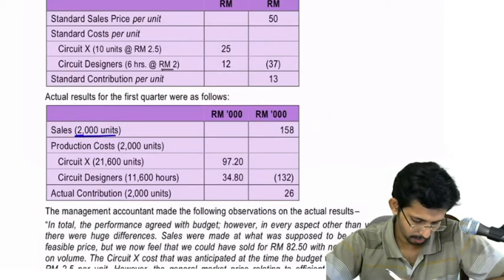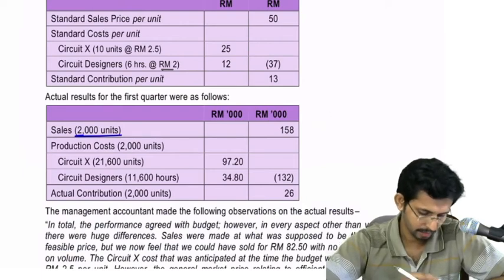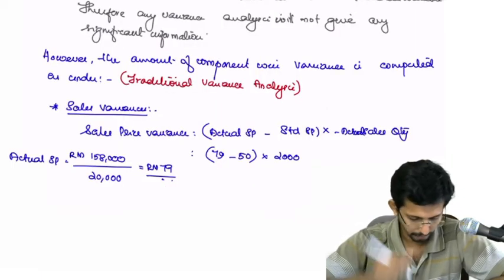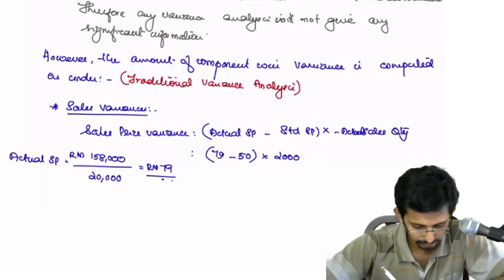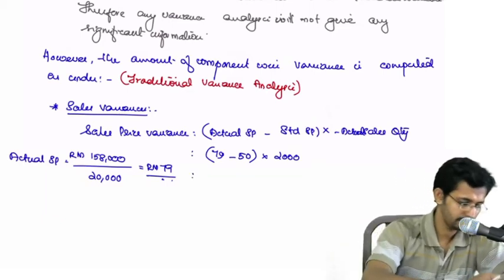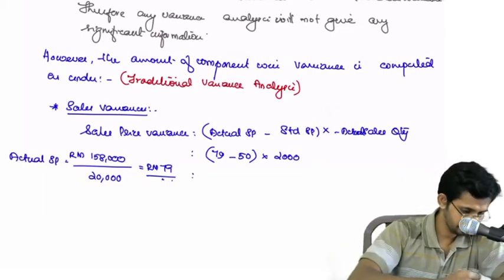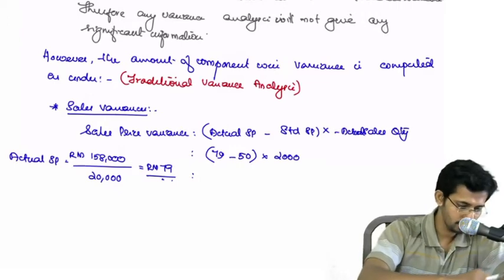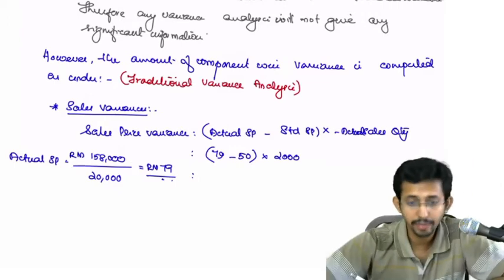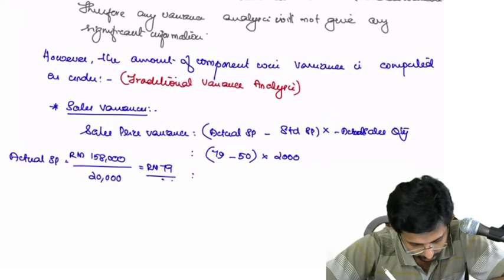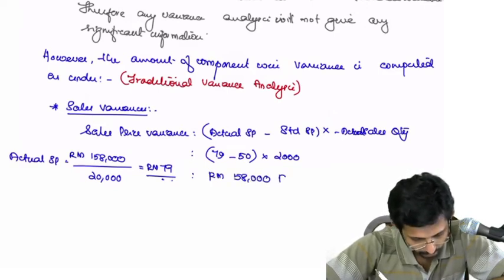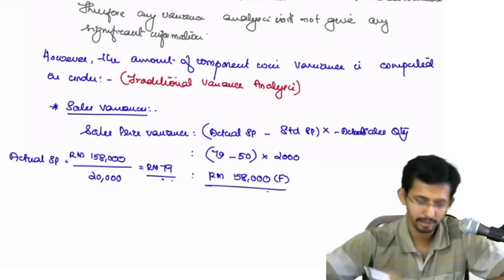Yes, budgeted is also 2000, actual is also 2000. So that is equal to 79 minus 50 into 2000, that is 58,000 favorable. Why favorable? Selling price increased.